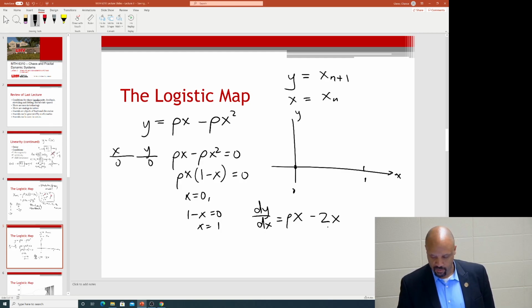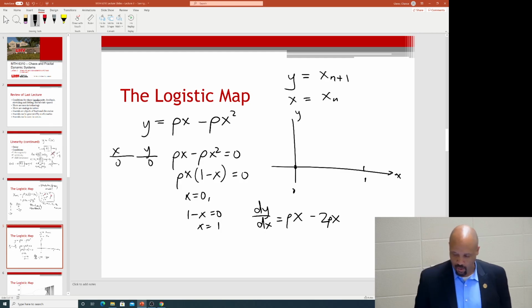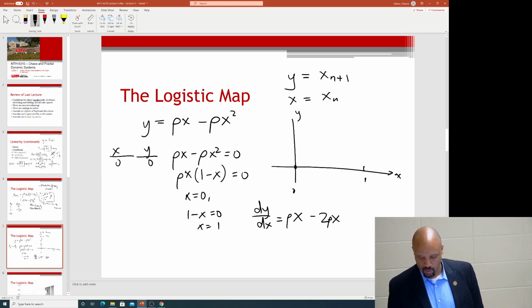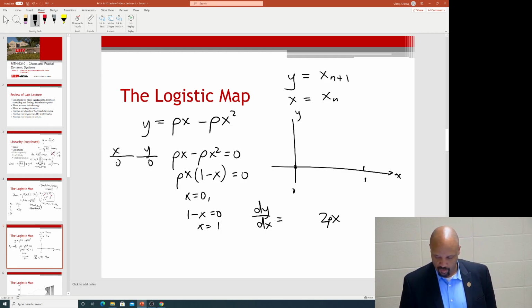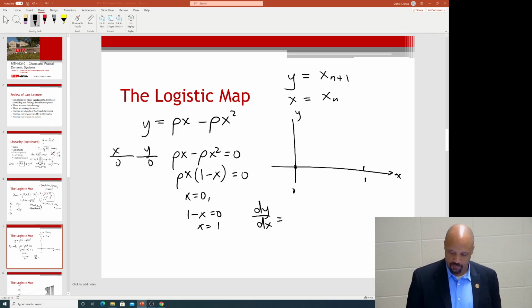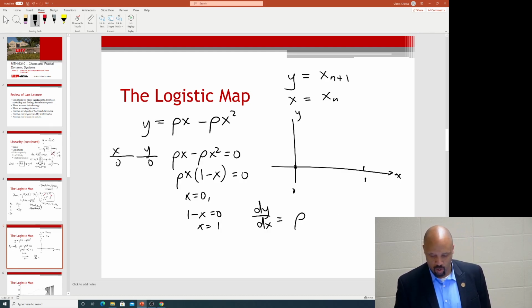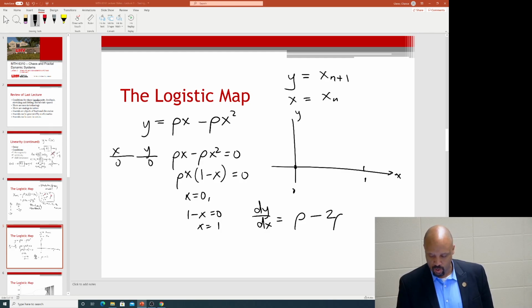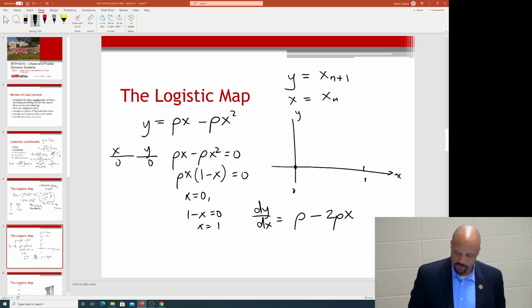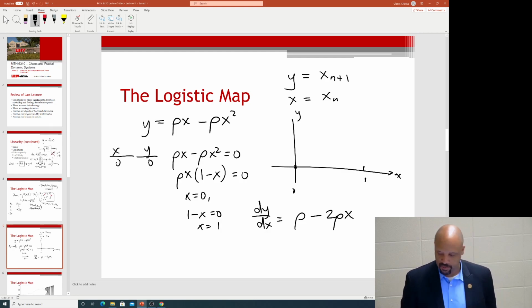Rho is in there. But now we're going to set that equal to 0. Well, hold on, I'm wrong. I don't even know my own differentiation. All right, so I differentiated that again. It's going to be rho, because the differential of x with respect to x is 1, so minus 2 rho x. That's the differentiation, dy/dx.